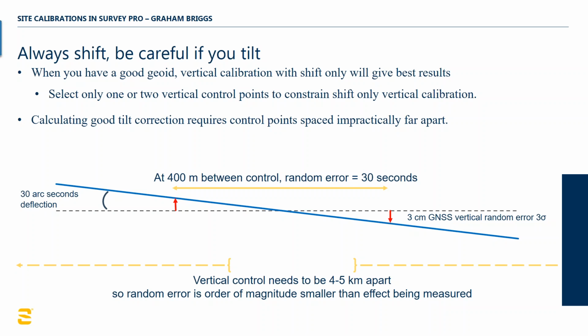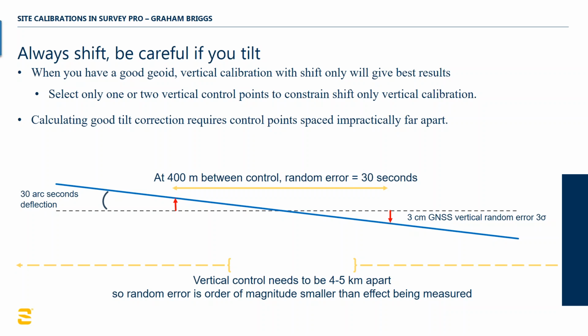Your GNSS receiver, worst case scenario at 3 sigma, being confident about the result, has about 3 centimeters of vertical random error. And if you look at the worst case scenario, on one end of your control point line the error was all going up, and on the other end you got unlucky and all that error was going in the opposite direction. So from end to end, you might have 6 centimeters of vertical error, worst case.